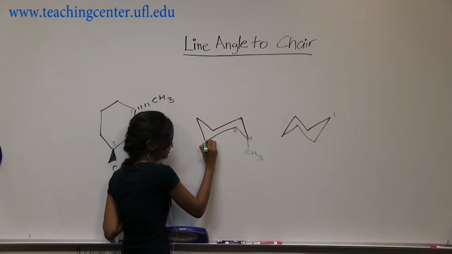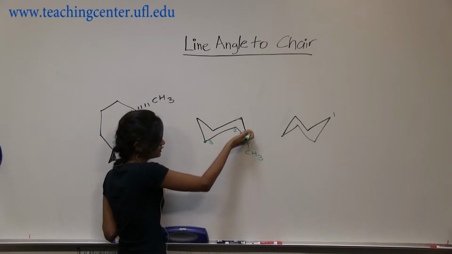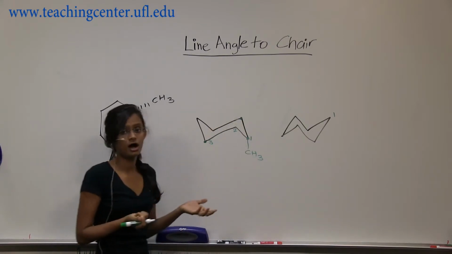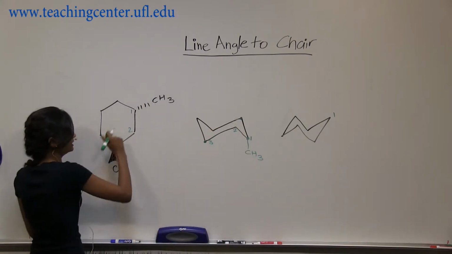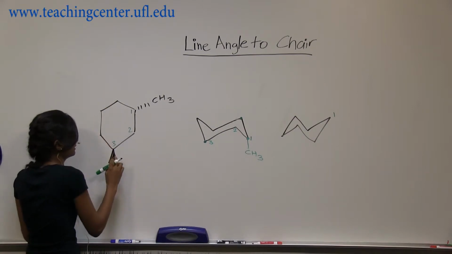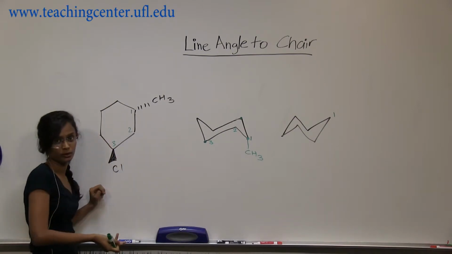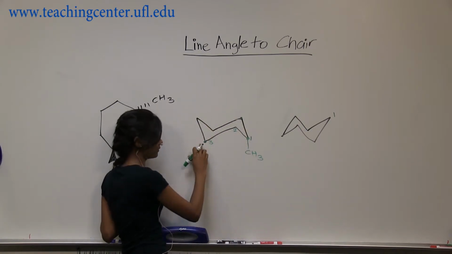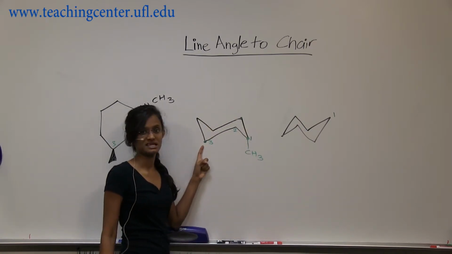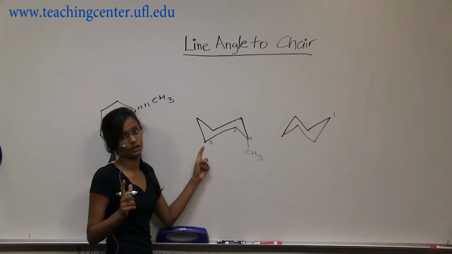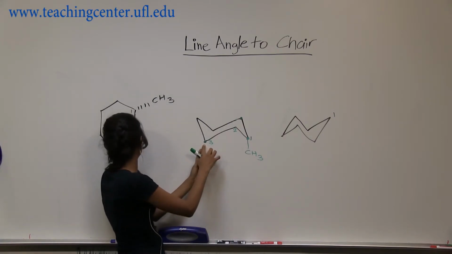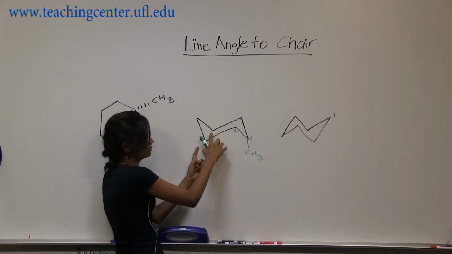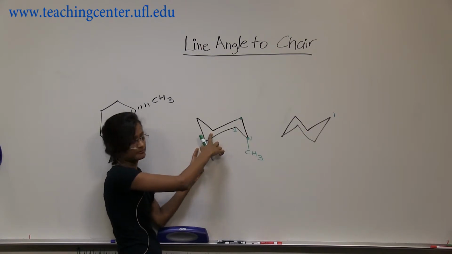So this is your carbon 3. If you go the other way, it's wrong, because the other way it's 1, 2, 3, 4, so it's four carbons away counterclockwise. You would end up at the same place, but make sure you don't put your chlorine on that carbon, making it carbon number 3.